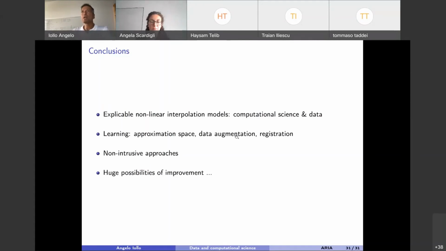That's the way we went, for example, in different other works. Or we can use it for registration, okay? When I say registration, it means to solve the problem in a reference domain. And I think that's all, and I'm happy to answer any question.